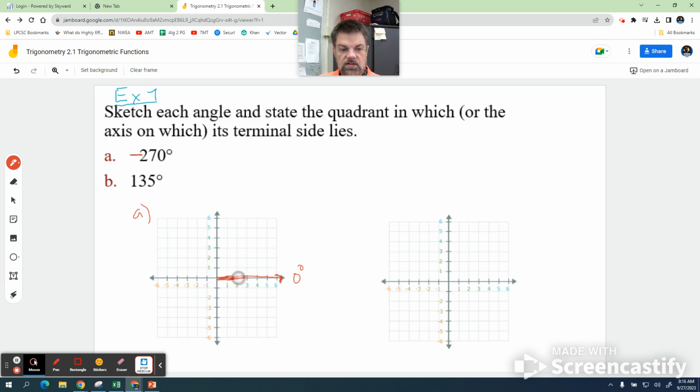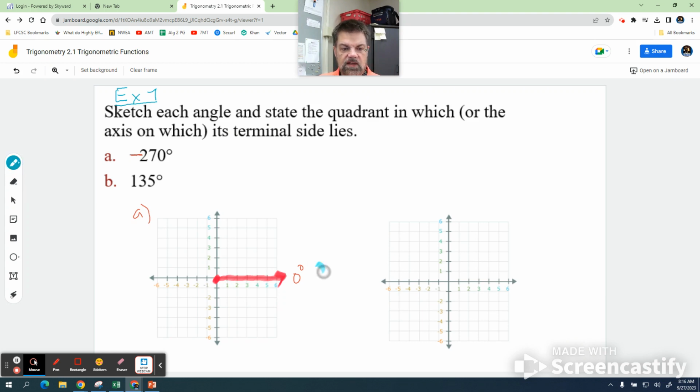It's really hard to do this with the tablet. I'm trying to draw a line thick enough so, well, let me try something different here. Let's try this. Oh, look at that. There you go. Now you can see it. So now what I'm going to do, if I go in the negative direction, this is 0.